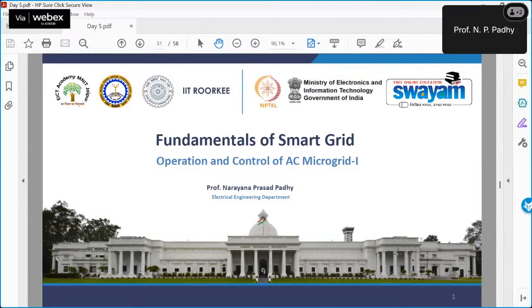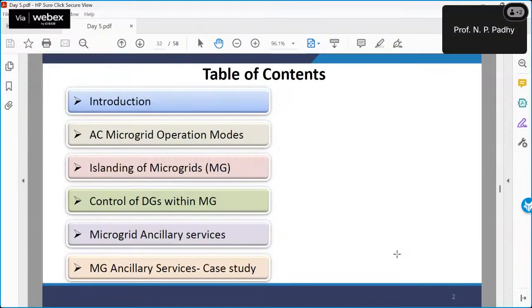And we'll also move to the next section, which is fundamentals of smart grid operation and control of AC microgrid, part 1. Yesterday we went through, and now we'll try to cover a few challenges with AC microgrid, because an AC microgrid operates in different modes, grid-connected mode or islanded mode.